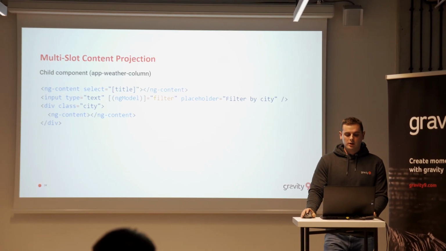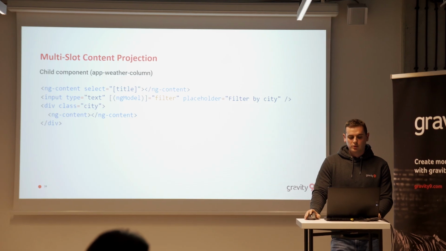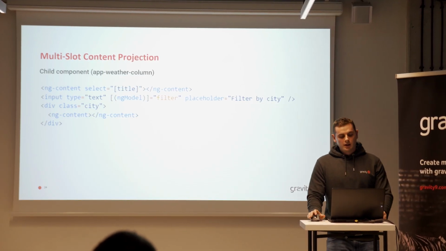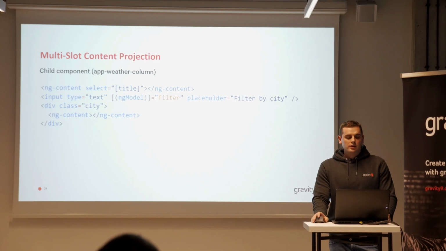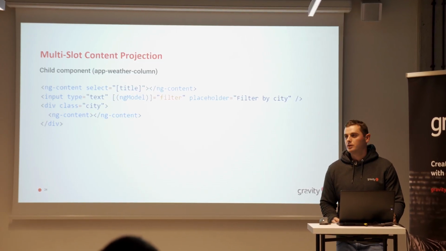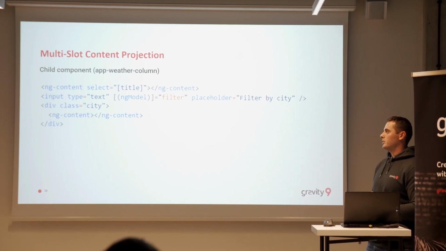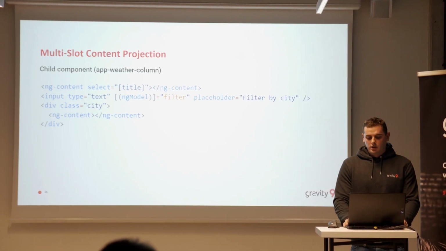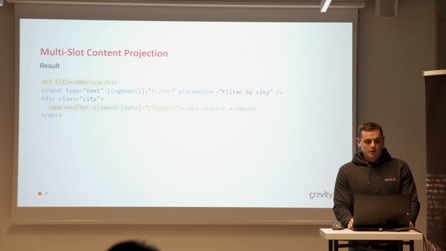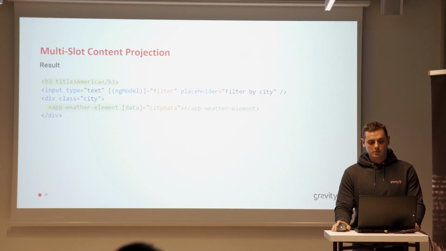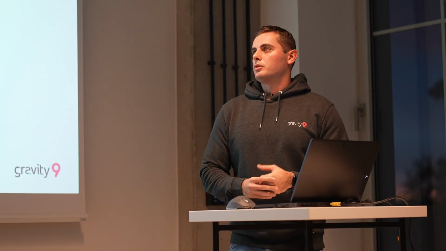One of them is not selecting any attribute from the parent component content, and it is the default ng-content. We also have this ng-content at the top, which is explicitly selecting the title attribute. So the result in this case is the header rendered at the top of the component because it had the title attribute assigned, and on the bottom we just render the default content that was passed to the default ng-content.